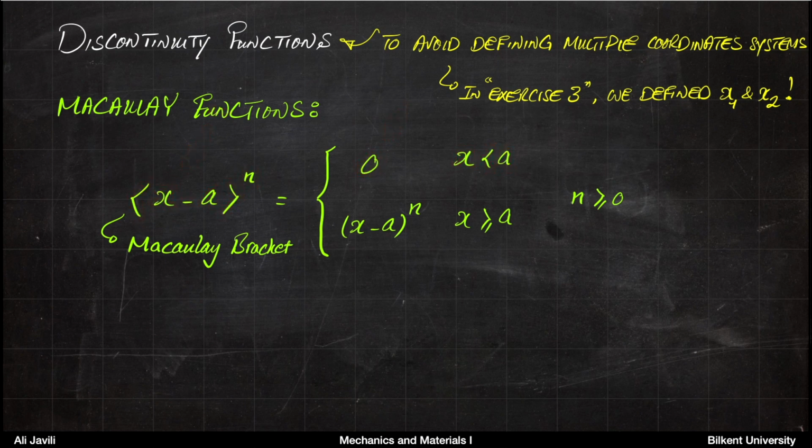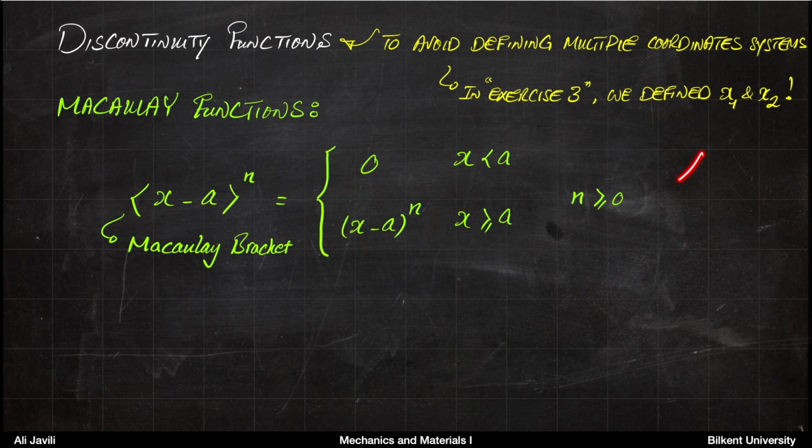So you can imagine that if you have a Macaulay bracket of a quantity that is less than 0, that would be 0. But if it is positive or 0, so basically for any point x larger or equal to a, you just get x minus a to the power n itself.